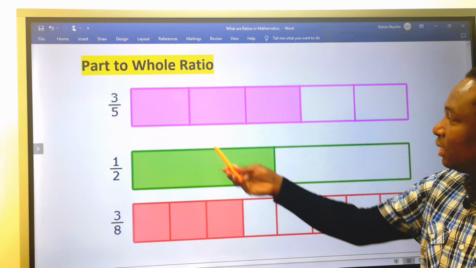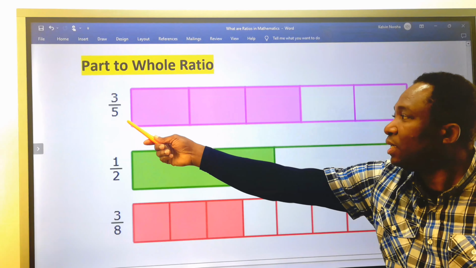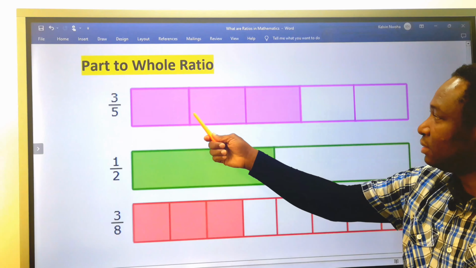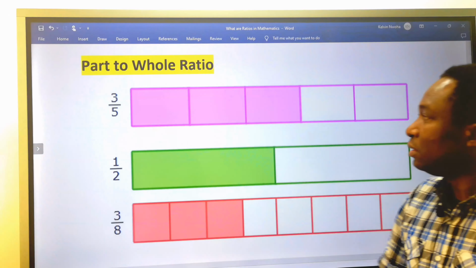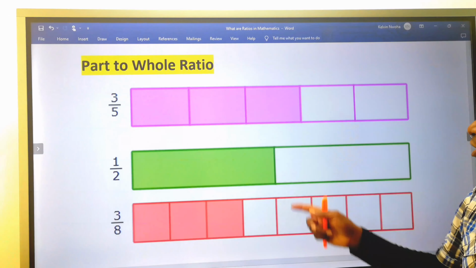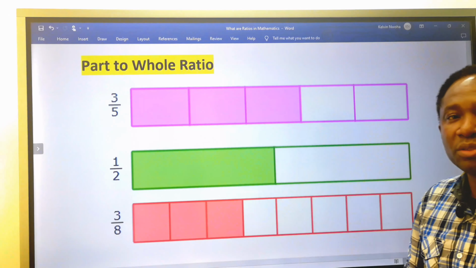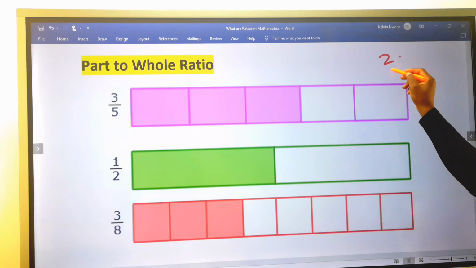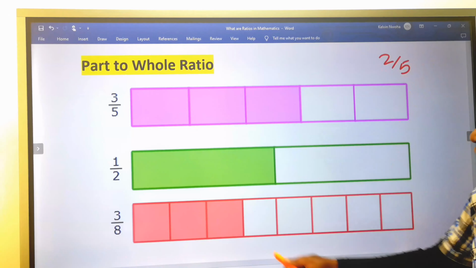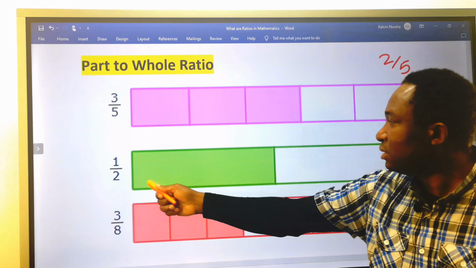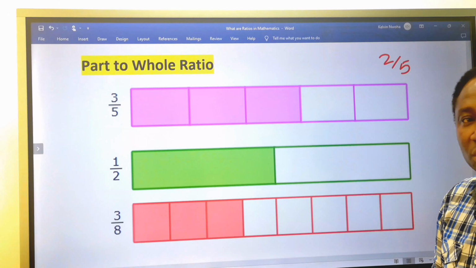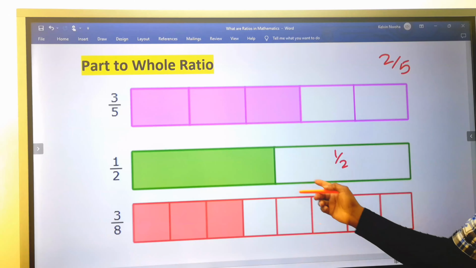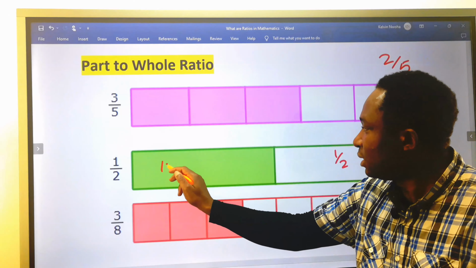If you consider this division, 5 is at the denominator, showing clearly that this is part to whole. This 3 to 5 is representing the shaded portion, and this unshaded portion, we can also have it as 2 to 5. And for this division, this is 1 to 2. We can also have this as 1 to 2, which can also be written as this.